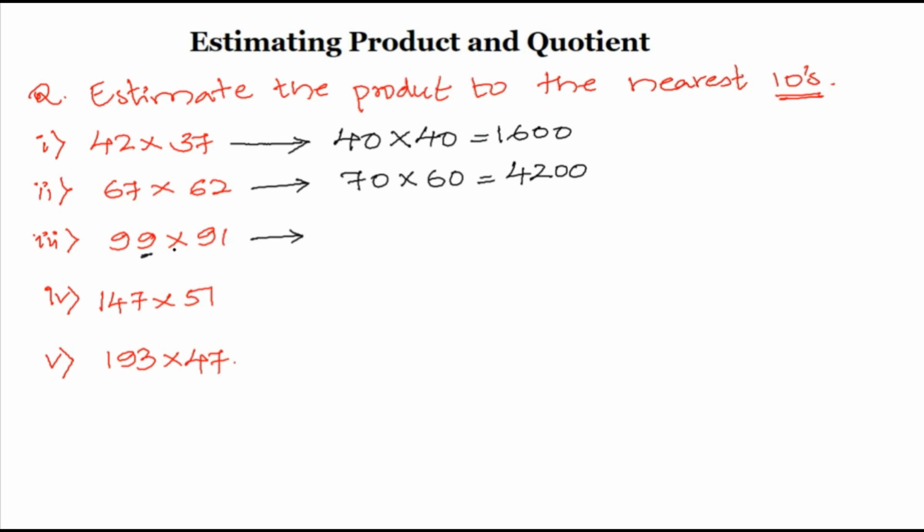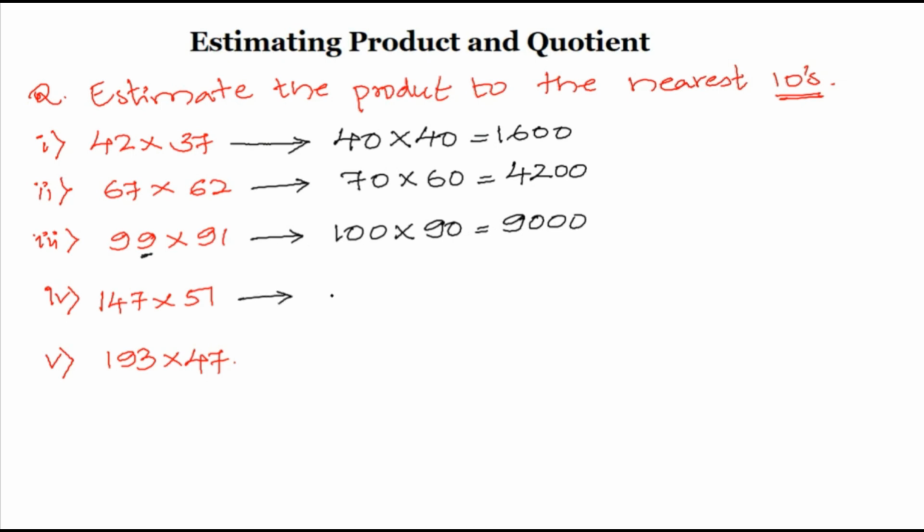Units place is 9, which is larger than 5. Therefore, the next digit 9 should be increased by 1. It becomes 10, and the units place should be replaced with 0, making it 90. The result is 9000.